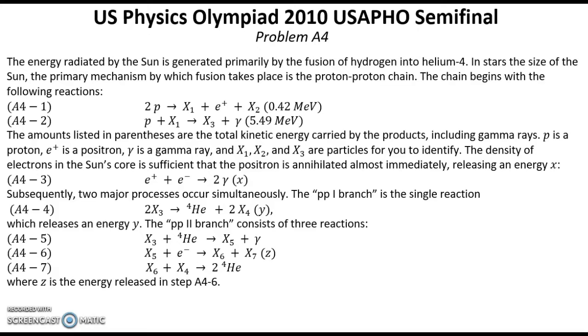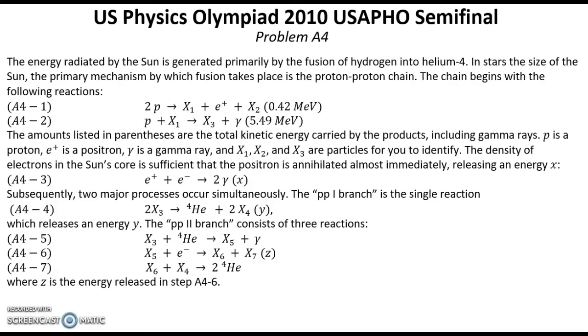Subsequently, two major processes occur simultaneously. The PP1 branch is the single reaction: two elements X3 go into helium-4 plus two elements X4, which releases an energy Y. The PP2 branch consists of three reactions.